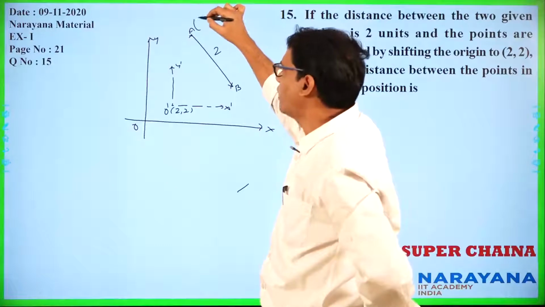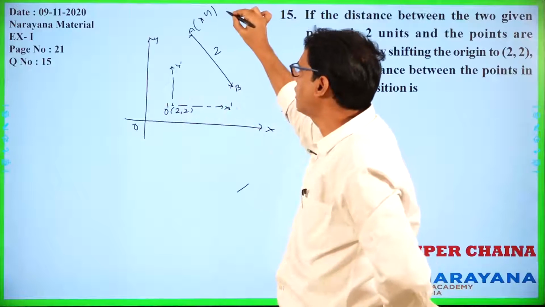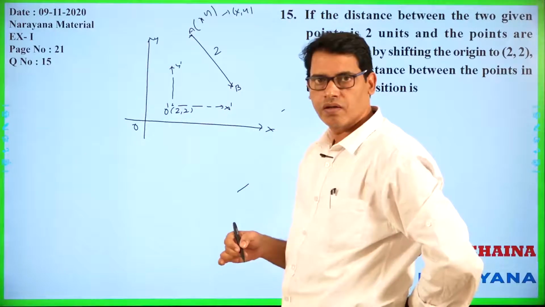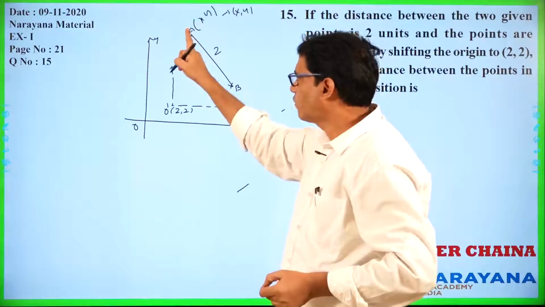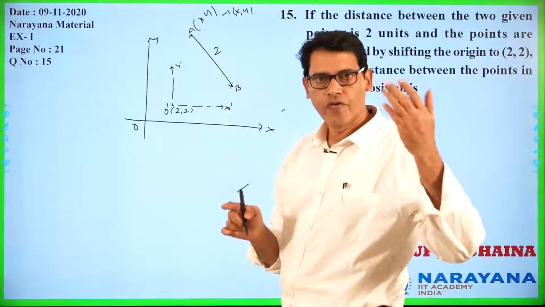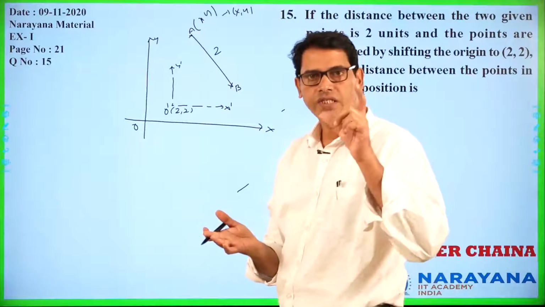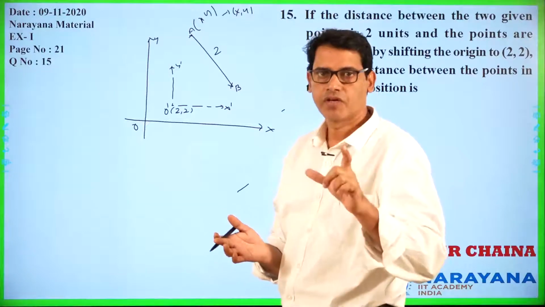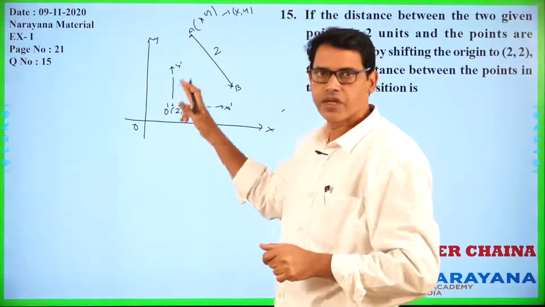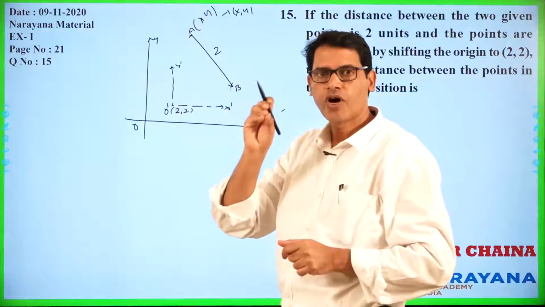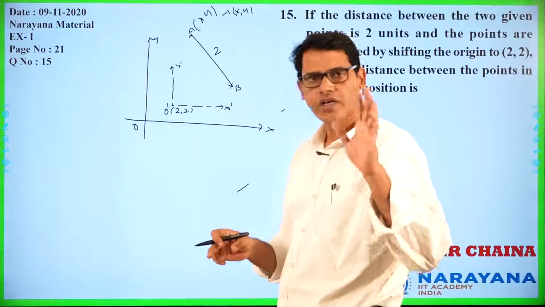Earlier it may be x comma y, and after the shifting it changes to capital X comma capital Y. Only the coordinates change, but the position remains the same. The position of A and B, before and after translation, remains the same. Obviously the distance between them remains the same. So the distance doesn't change, because after the translation the position of every point remains the same. That's why distance or area of a triangle, whatever it may be, is the same.